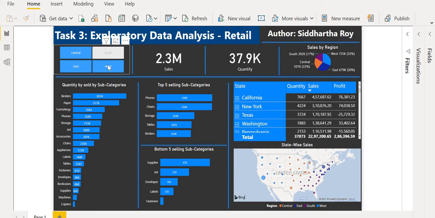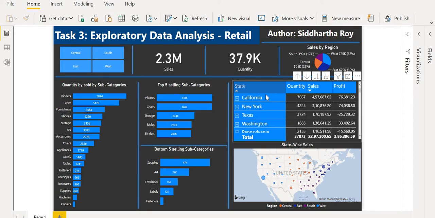Here a slicer has been put with all the region names, followed by the total sales, followed by the total quantities sold, and followed by a regional pie chart denoting the sale value with their respective percentages and amount. Over here we can see a bar chart of quantity sold by subcategories: this is the top 5 selling subcategories, and this is the bottom 5 selling subcategories.